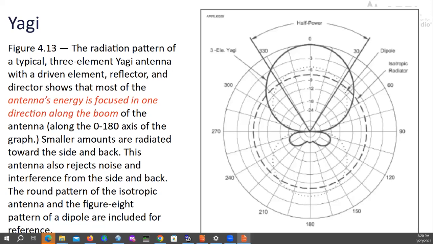Smaller amounts are radiated toward the sides and the back. This antenna also rejects noise and interference from the sides and the back. The round pattern of the isotropic antenna and the figure 8 pattern of a dipole are included for reference. And you see the dashed line is the round pattern of the isotropic, and the little tiny dotted line in there is the figure 8 pattern of the dipole.